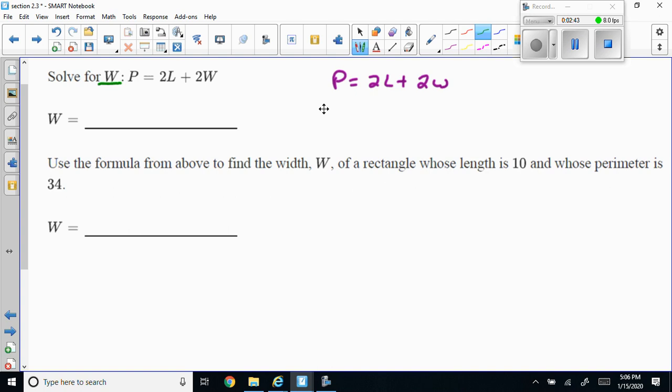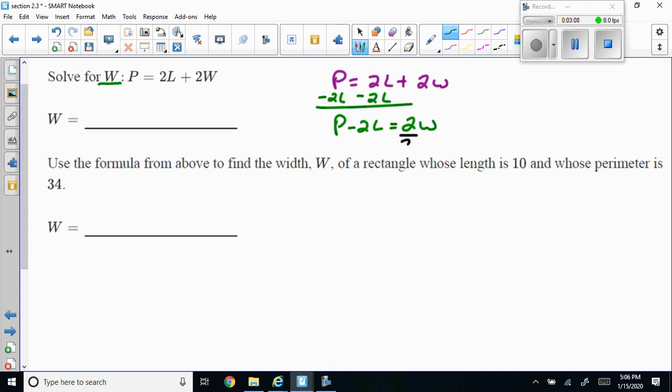So this is a literal equation, right? It's got multiple variables. It's already solved in terms of P, but you need to turn around and solve it in terms of the width, right? If I'm solving for W, I need to get W by itself, right? So that means I need to move the minus 2L over. So that's going to give me P minus 2L equals 2W.